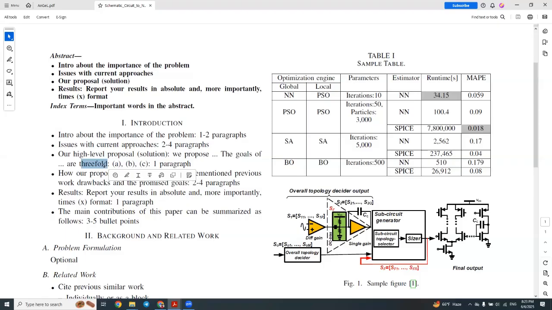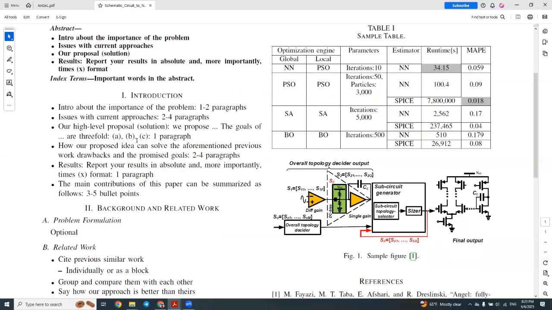We just say, this is what we want to do. Saying threefold makes it very clear that we have three goals, and we should have about three goals for our paper in order to have a good publication. This is one paragraph that we dedicate here. We're going to see an example soon.